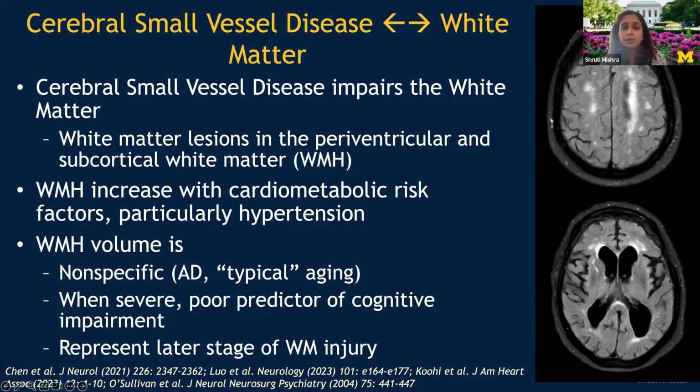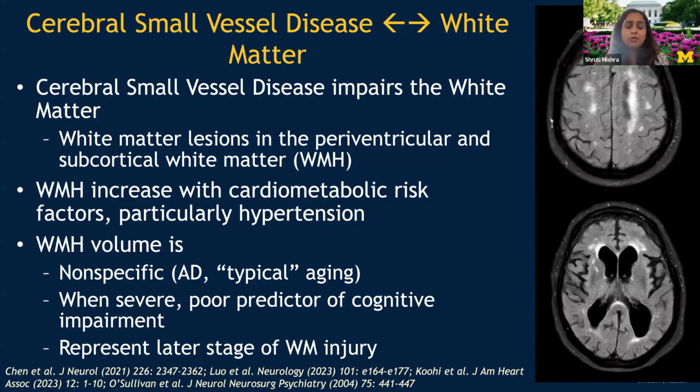But despite all of that, when it comes to quantification, the most common feature that we're often quantifying are these white matter lesions, which colloquially in the literature, people refer to as white matter hyperintensities. White matter hyperintensities, which in the remainder of my slides I'll be using the WMH short form for, increase with cardiometabolic risk factors, and this has been shown most strongly with hypertension specifically.